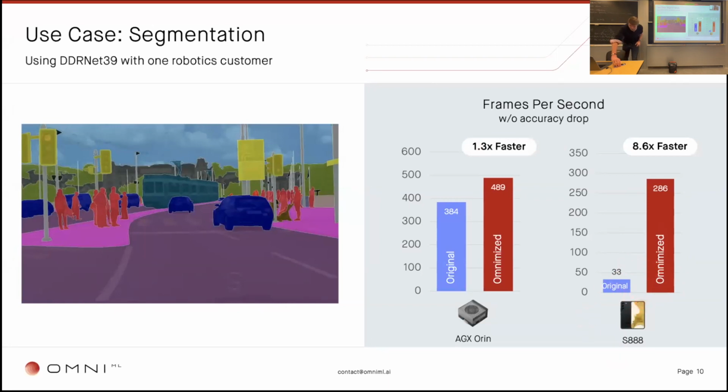And so what you can see here is that, especially for the Qualcomm device, which is basically this device here, just a phone, the original model is really not well optimized to run on that device. And by using our tools, you can actually get an over 8 times speed up for that model, so that you can essentially match the performance of a much higher performance chip from NVIDIA, the NVIDIA Orin. And that's super exciting because it shows you that you have a lot of flexibility in the way you design a model, right?